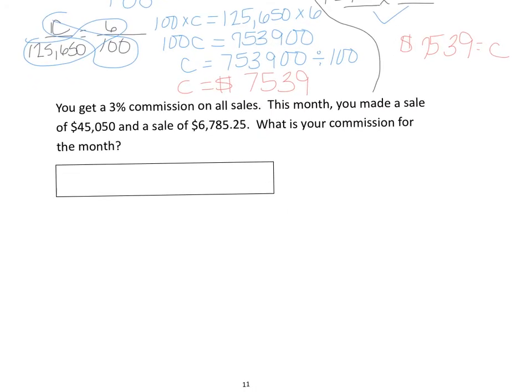Second problem, you get a 3% commission on all sales. This month, you made a sale of $45,050 and a sale of $6,785.25. What is your commission for the month? We know that this is going to represent 100% of our sales. And this month we sold $45,050.